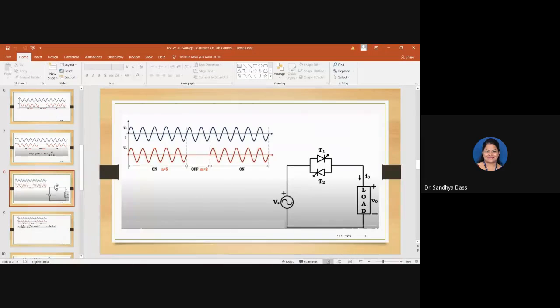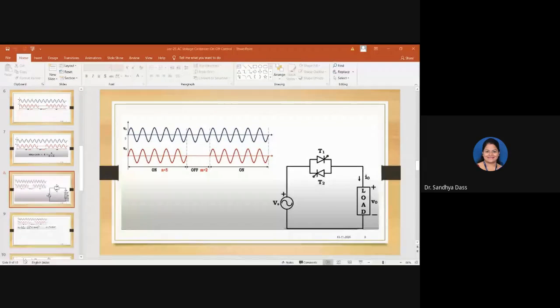Okay, let me ask someone. What have you understood? Divij Kumar, can you tell me what is an AC voltage controller?